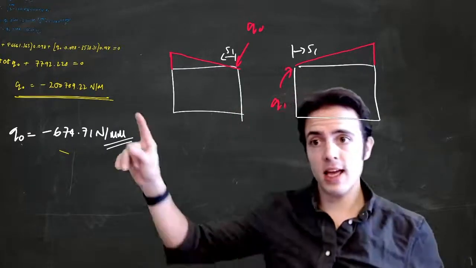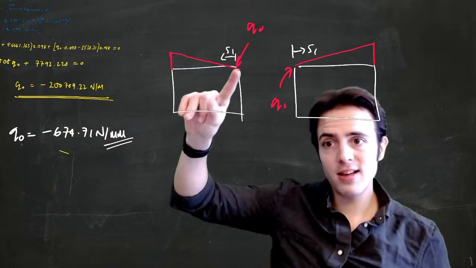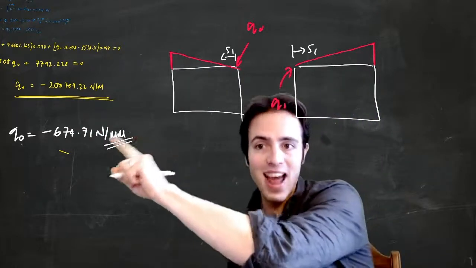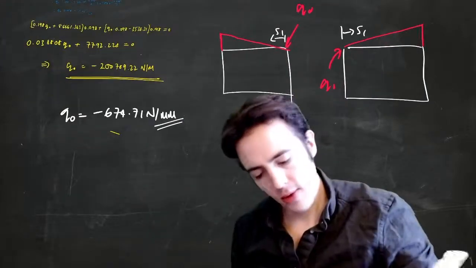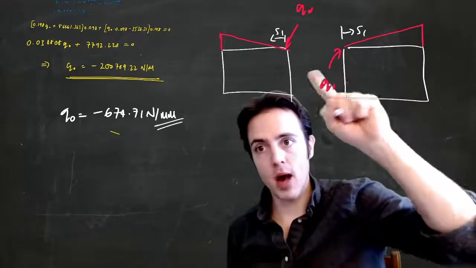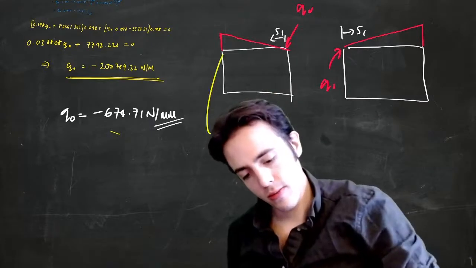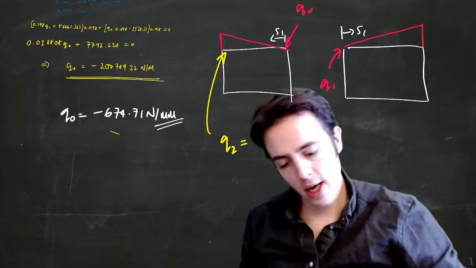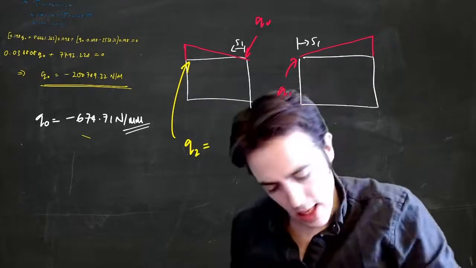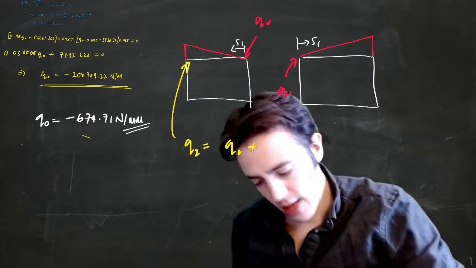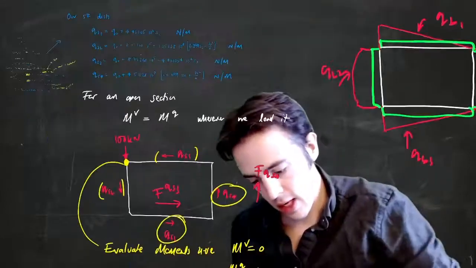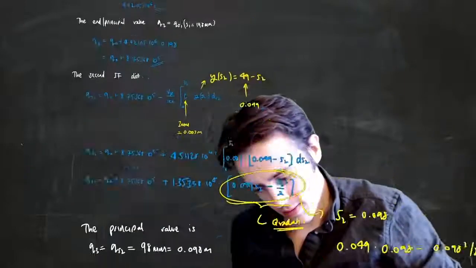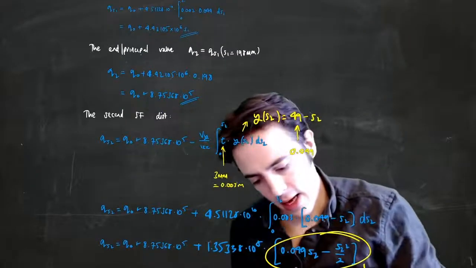But if I take this and add the rest of the value of the distribution, I should end up with the negative version of this number. So that's going to be my Q2. So Q2 should be equal, let's work it out. Q2, which is the principal value, is going to be Q0 plus whatever my Q2 was. What was my Q2? It's here, so let's copy that down actually.